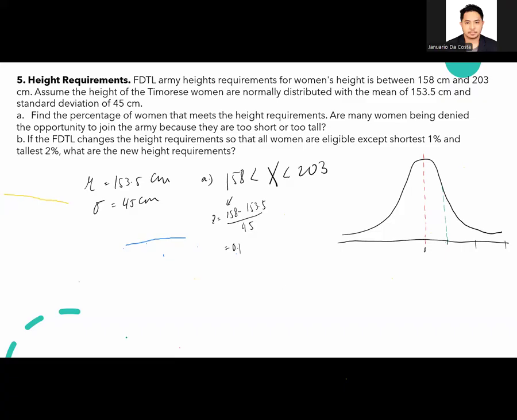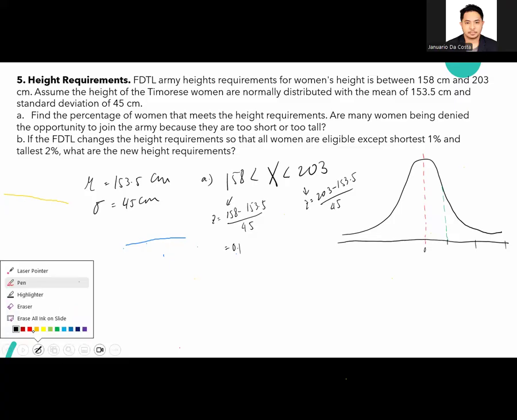And then the next one is what? The z-score for this is 203 minus 153.5 divided by 45. So what you get here is 1.1.